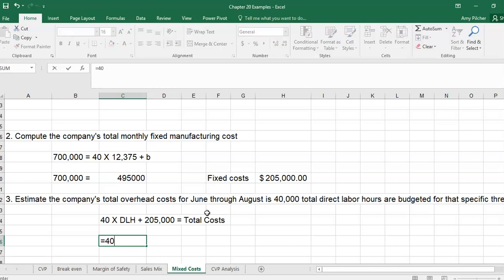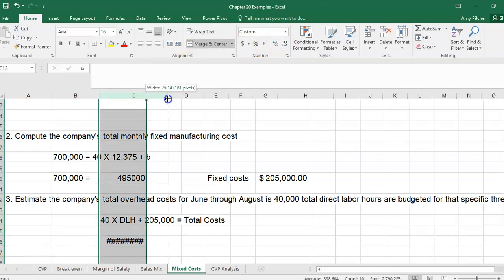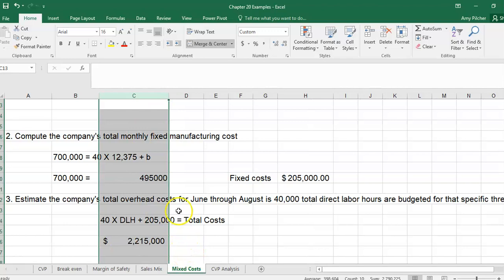We're going to take 40,000 times 40, let's put parentheses, plus our fixed cost, 205,000. So remember, this is 205,000 per month, and we're trying to calculate for 3 months. So we need to take that number times 3. This gives us total cost for this 3-month period of $2,215,000.